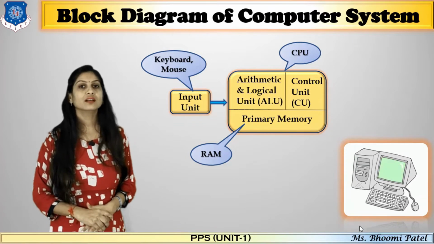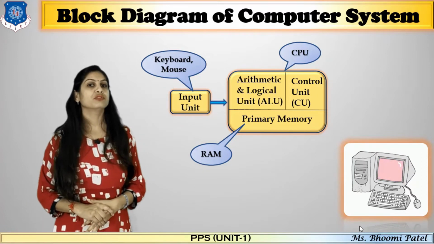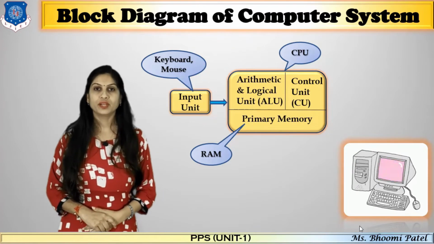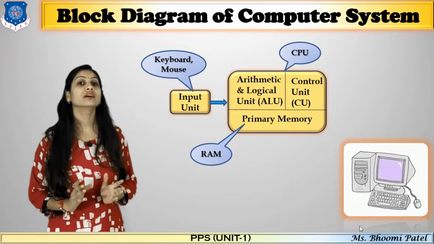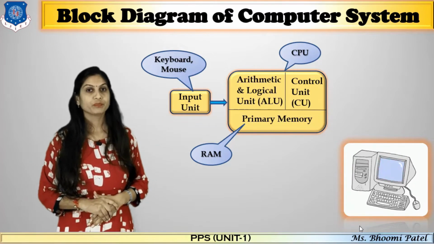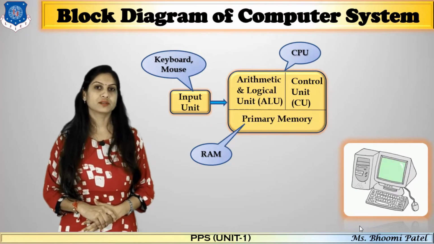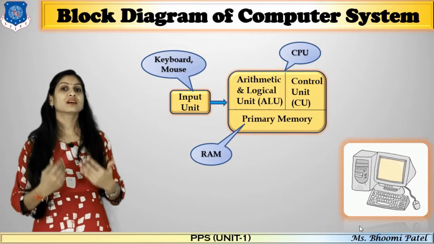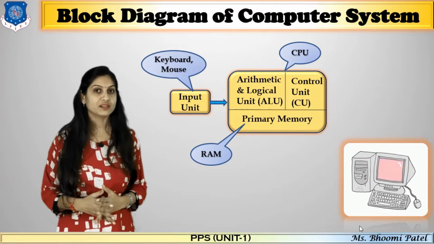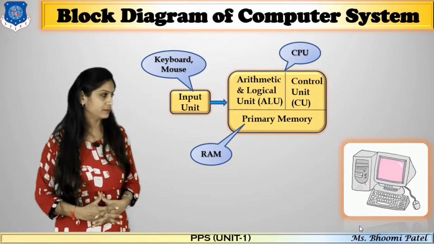All these operations are done in the ALU. The second part of CPU is the control unit that controls all other units like input, memory and output unit. So the CPU is nothing but the brain of our computer system that takes the decisions for all other units and controls all the hardware parts of a computer system.